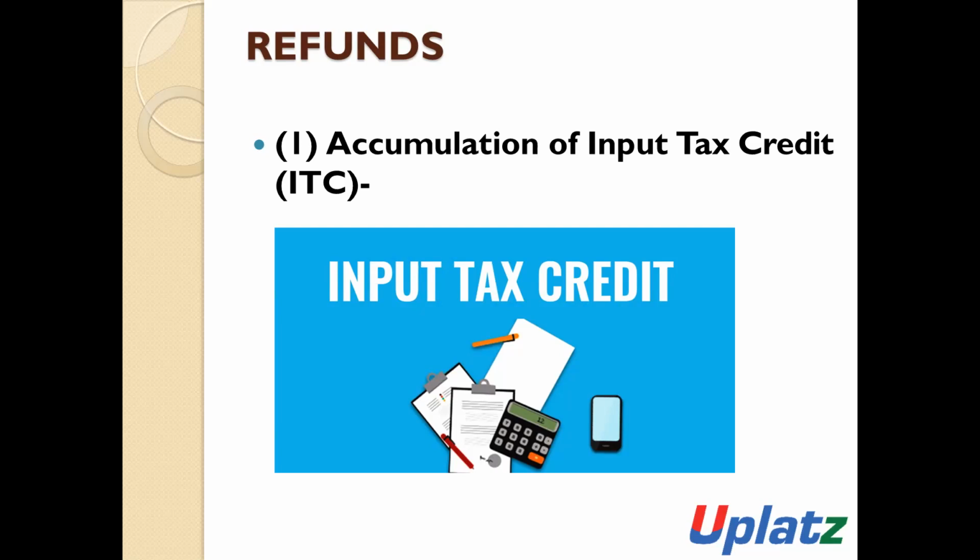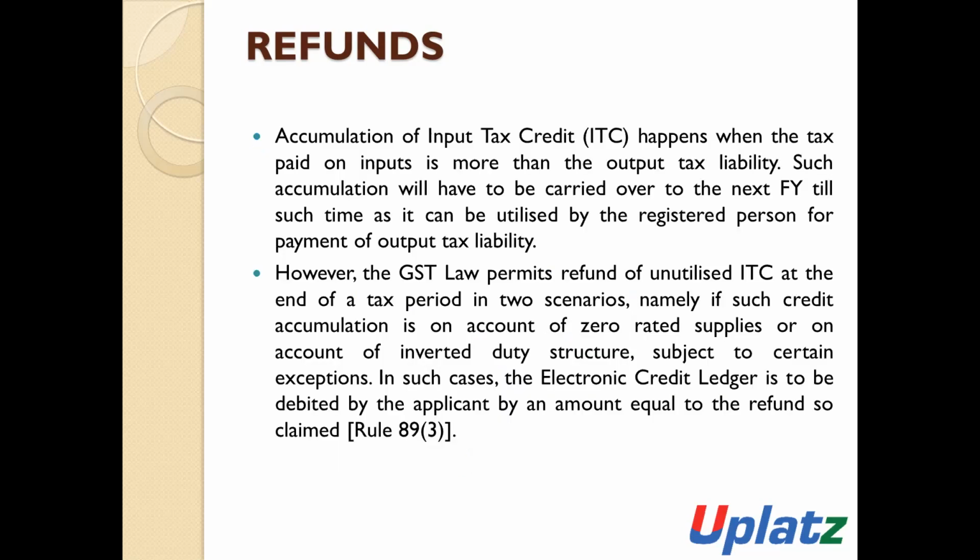Accumulation of input tax credit happens when the tax paid on input is more than the output liability, that is, when the amount of tax paid on the inputs is more than the output tax liability.